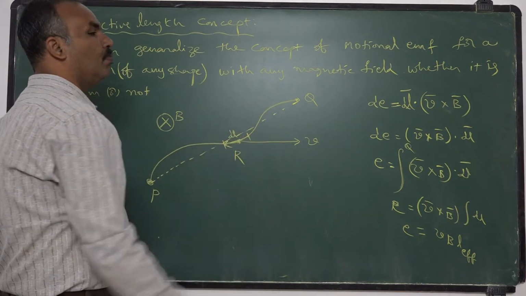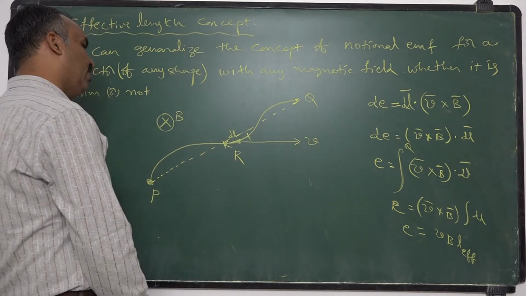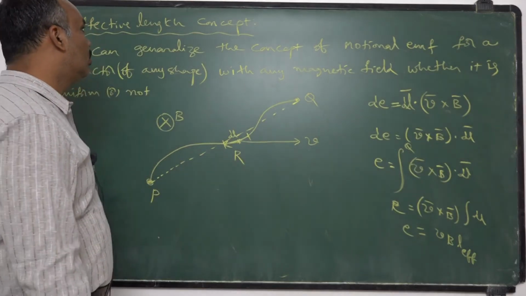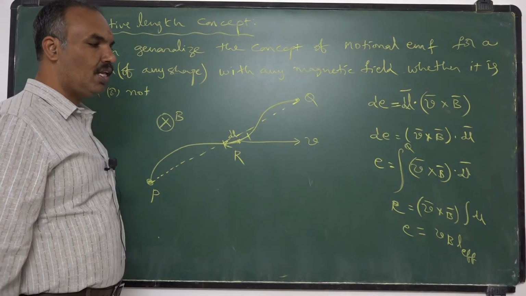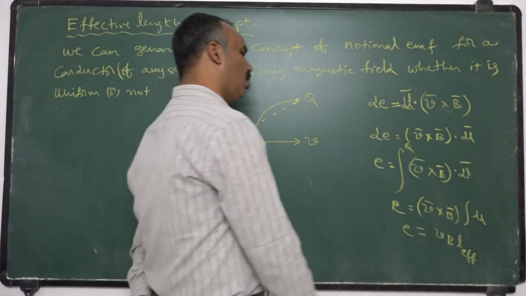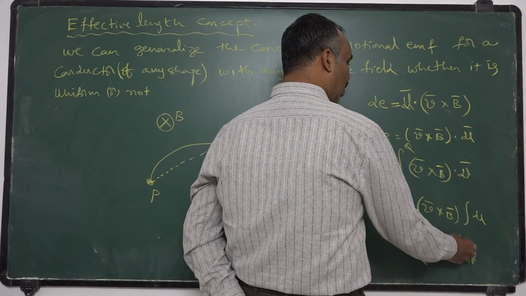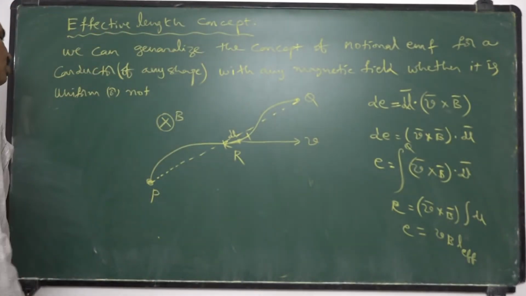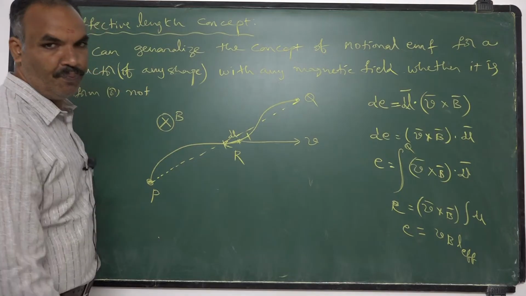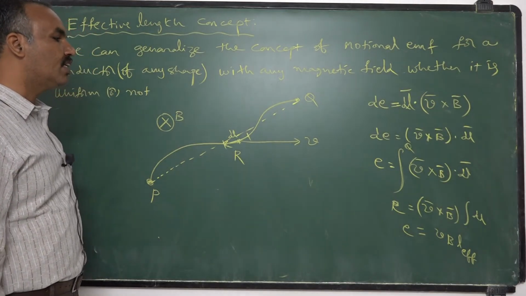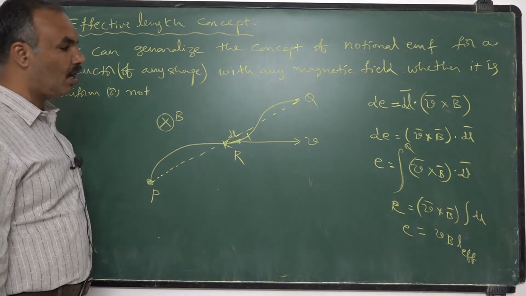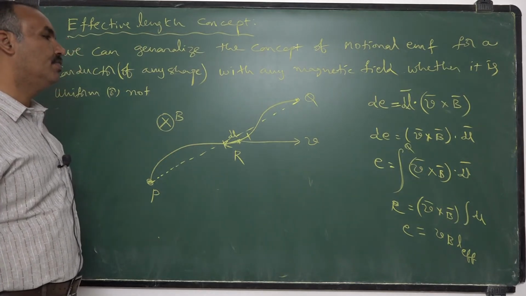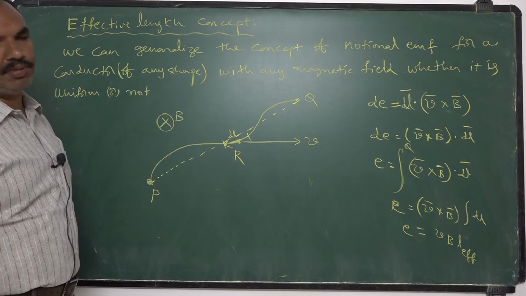Whenever an irregular shaped wire or rod is there, effective length is the shortest distance between P and Q. So whenever you want to find motional EMF, you should take the formula BVL only, with L taken as the effective length. Length is considered as a vector, and on integrating dl you will get the effective length only. So this concept is called the effective length concept.